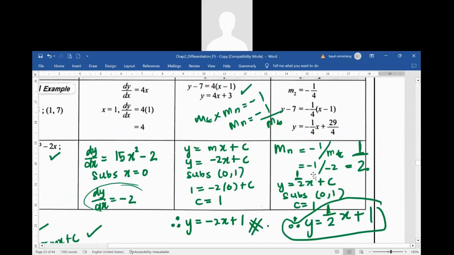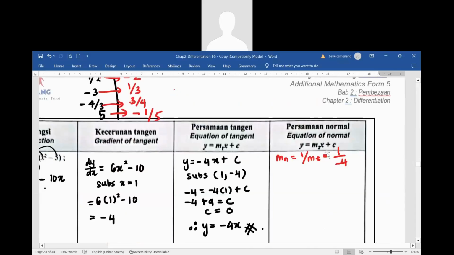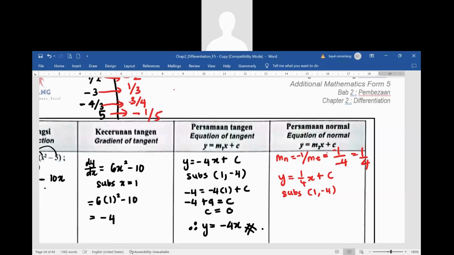Where is it? It is right: negative 1 over m. So it will be positive 1 over 4. Okay, first, you have got the gradient of normal, 1 over 4. So y = 1/4 x + c. As usual, substitute your point (1, -4).